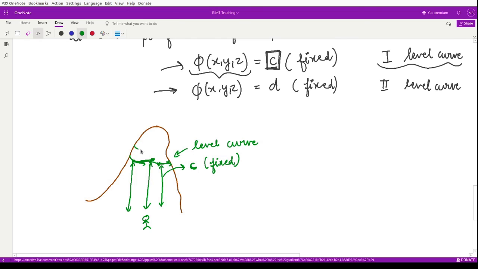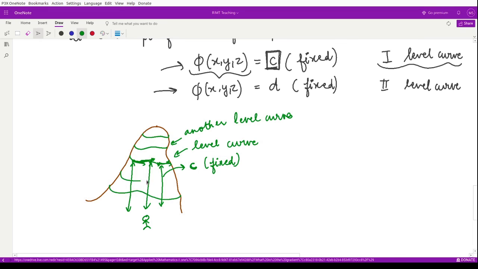Similarly, you could have another level curve here of this kind, such that its distance from the ground will be the same along the curve, but different from the previous curve, right? So this is another level curve, and according to this level curve, you have another direction. On this mountain, you could have numerous level curves of this kind.